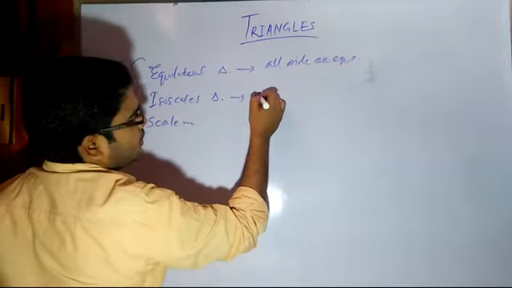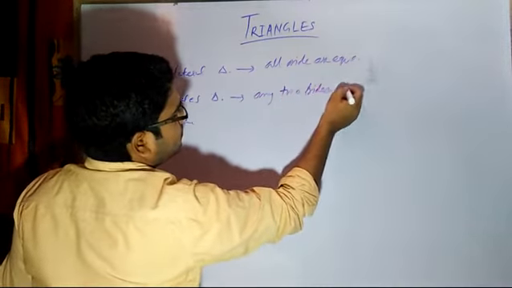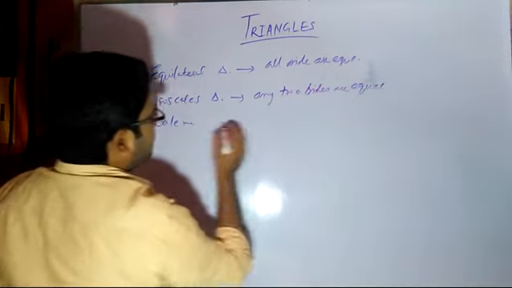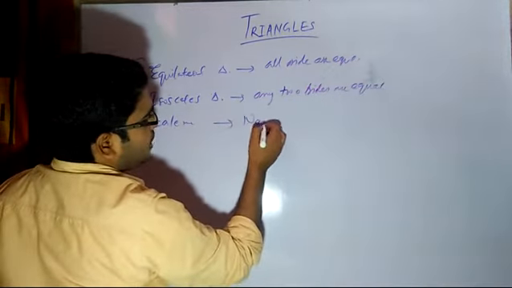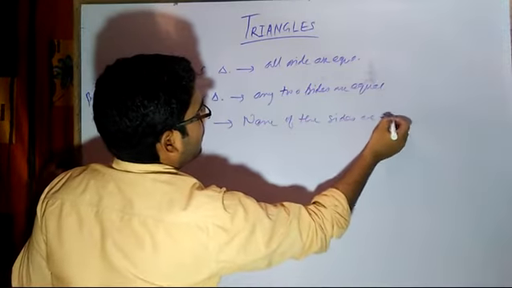Second, isosceles, any two sides are equal. Third, scalene, none of the sides are equal.